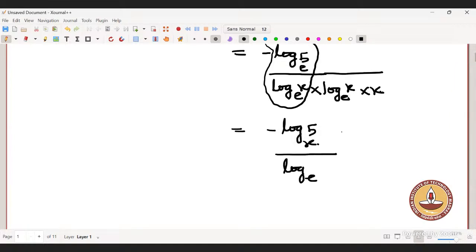Log e x, times x. Now I can take this thing into the numerator. If I take it, then the base will change, right? Yes.